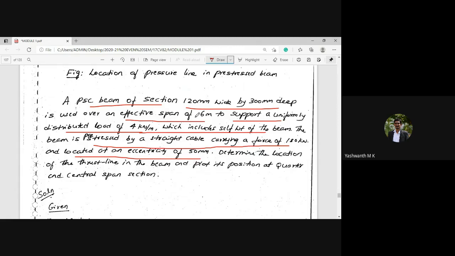In the previous case it was coinciding, now it has been placed at 50 mm eccentricity. Determine the location of the thrust line in the beam and plot its position at quarter and central span section.